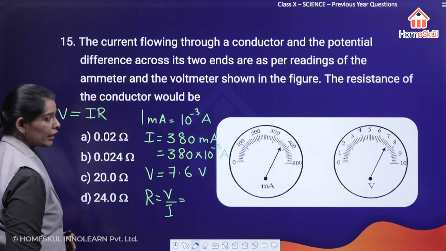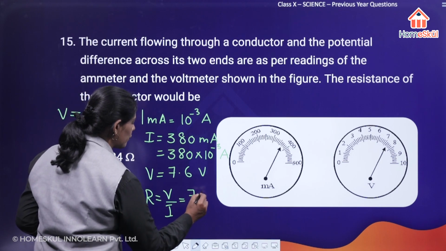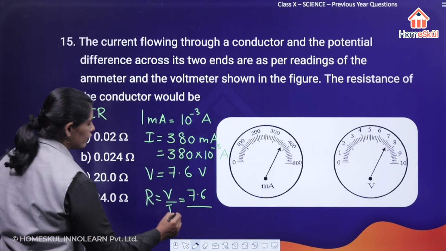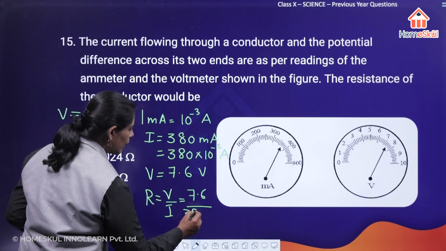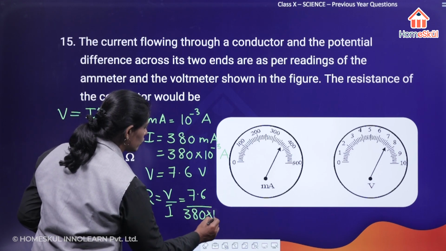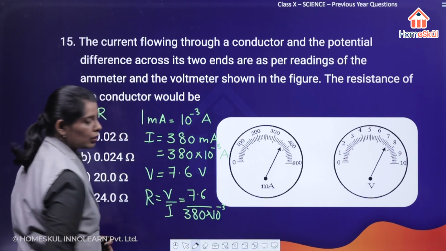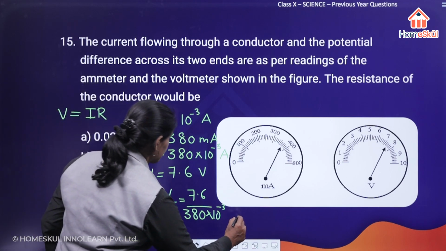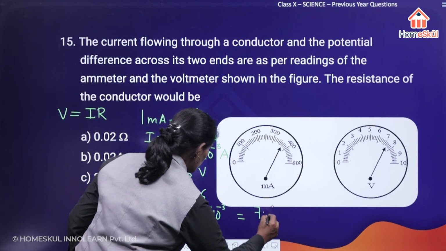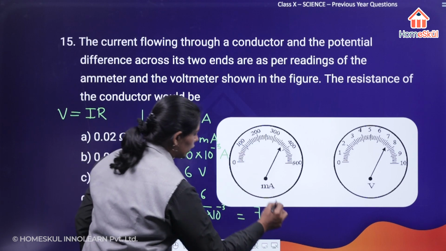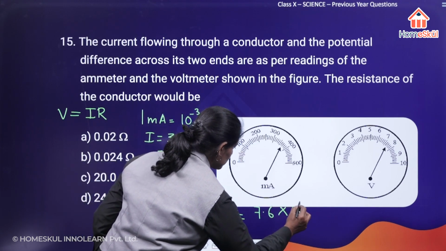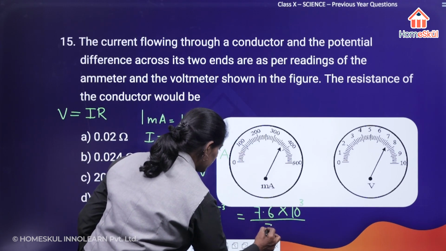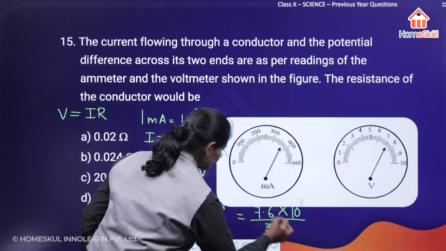What's the value of V? Here it is given as 7.6. The value of I, we got it from the ammeter reading as 380 into 10 raised to minus 3. So let us solve for this. We get it as 7.6, taking 10 raised to negative 3 to the numerator, it becomes positive, divided by 380.